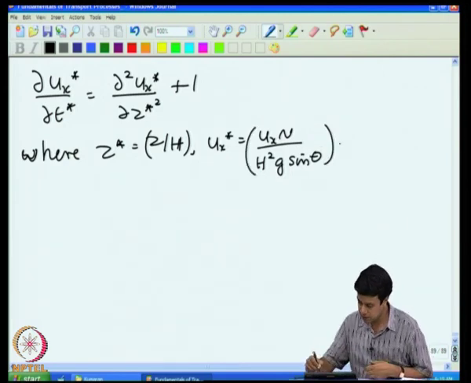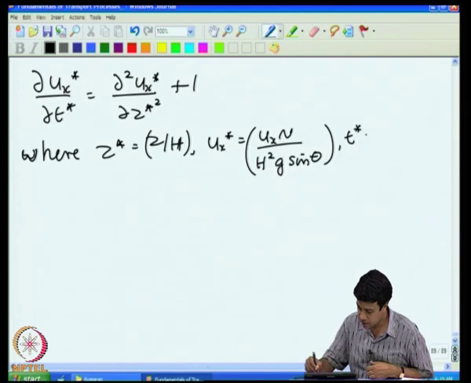And you will find that t star is the same that I had earlier. T star will be equal to t nu by h square.